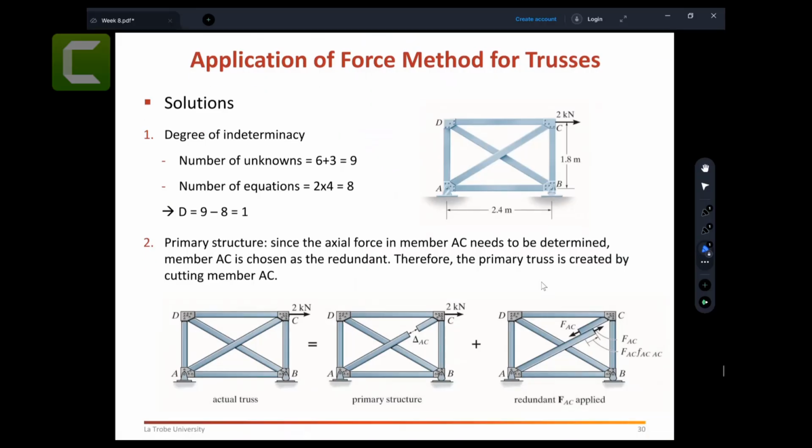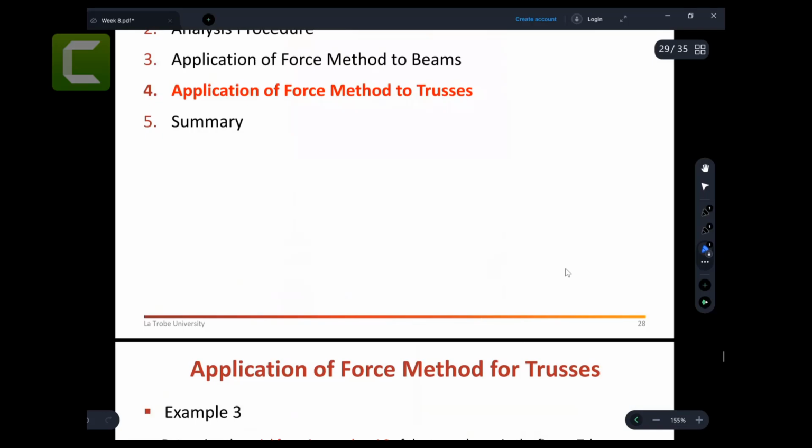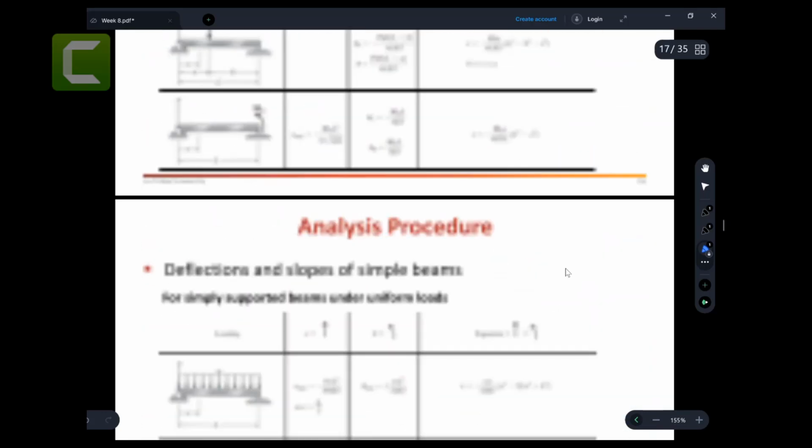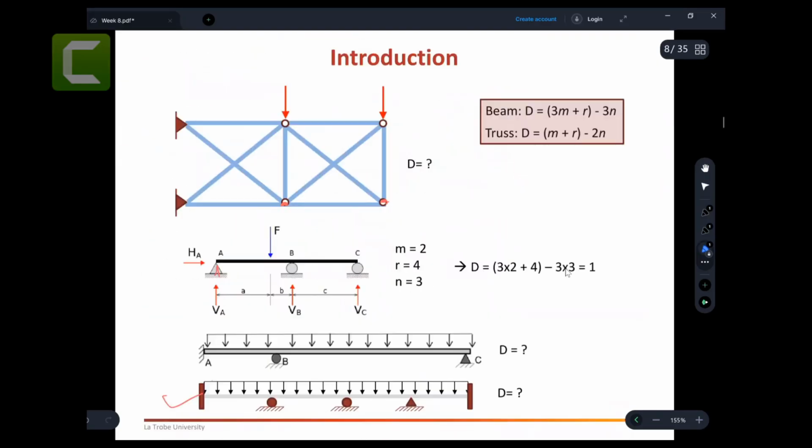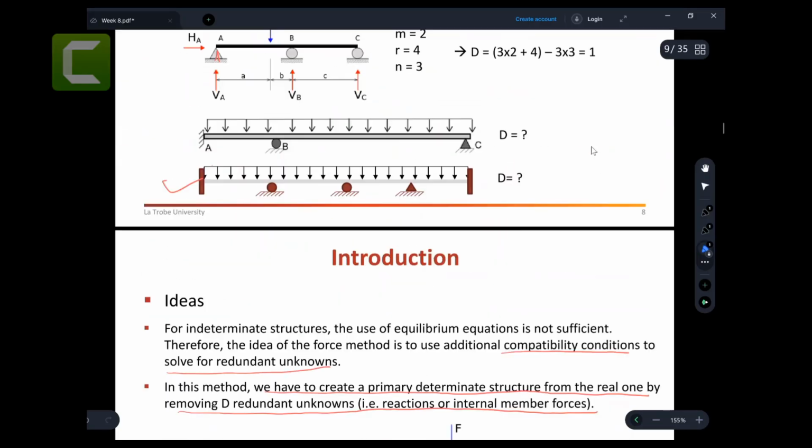Now, let's find the degree of indeterminacy. You remember that equation, let me remind you of the degree of indeterminacy equation. Here you go, m plus r minus 2n.